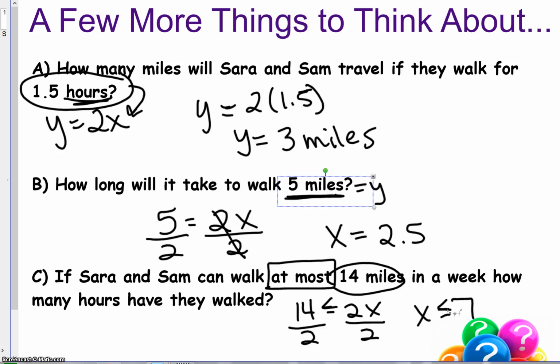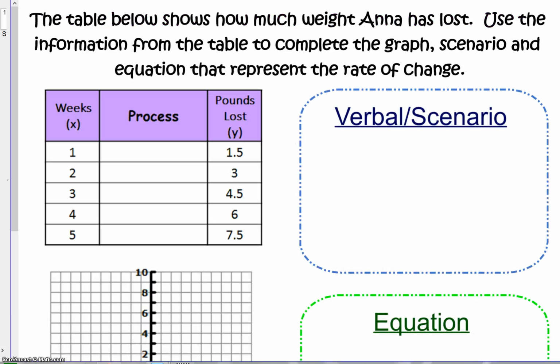Alright, next example. The table below shows how much weight Anna has lost. Use the information from the table to complete the graph, scenario, and an equation that represents the rate of change. So, let's do verbal first.